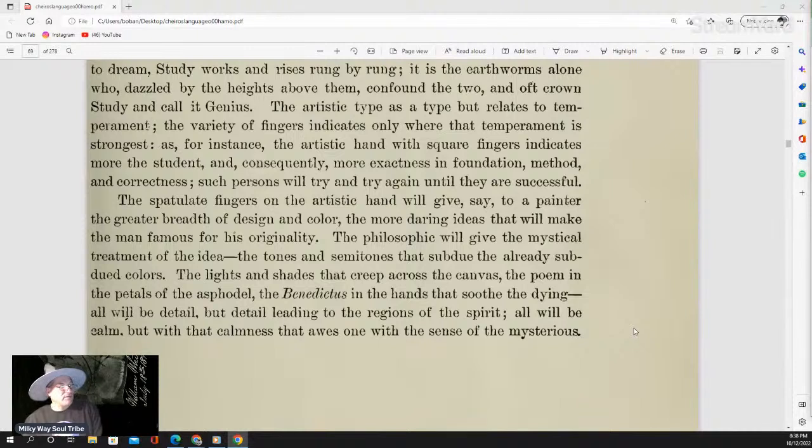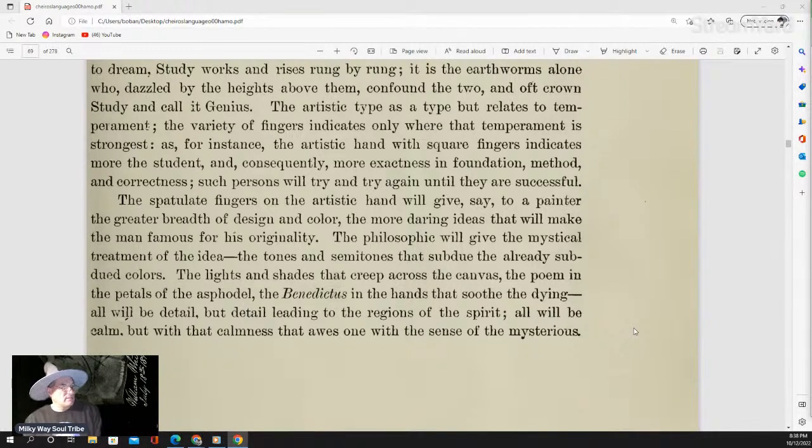The spatulate fingers on the artistic hand will give, say to the painter, the greater breadth to design and color, the more daring ideas that will make a man famous for his originality. The philosophical will give the mystical treatment of the idea, the tones and semitones that subdue the already subdued colors, the lights and shades that creep across the canvas, the poem in the petals of the asphodel.